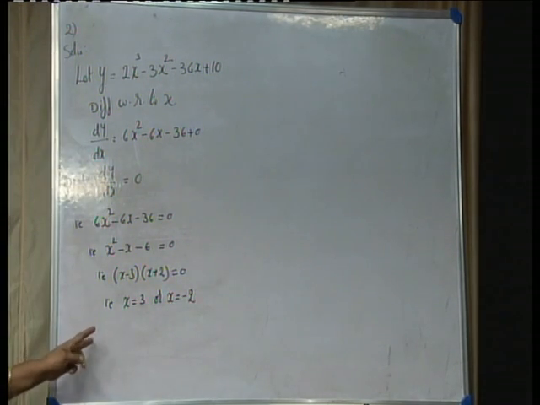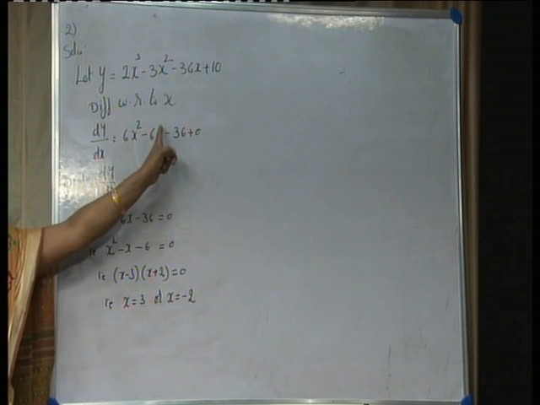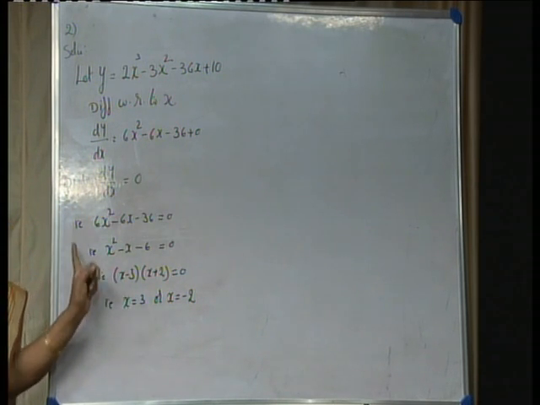So, first working rule is over: differentiate with respect to x, equate it to 0, solve for x.